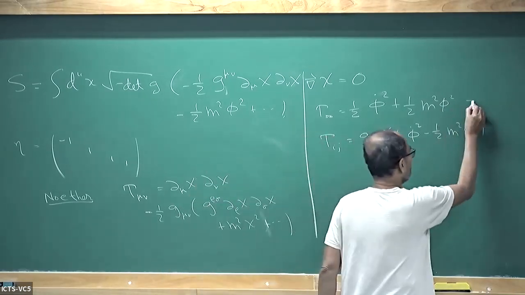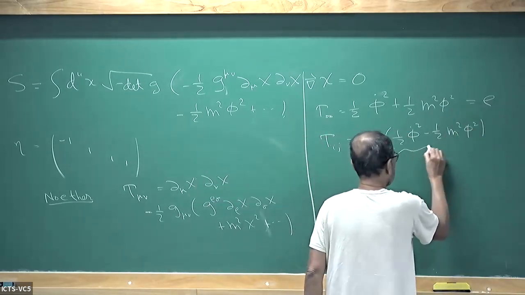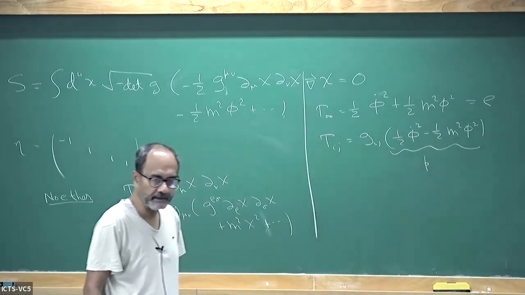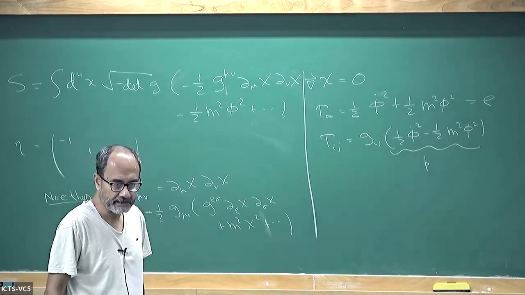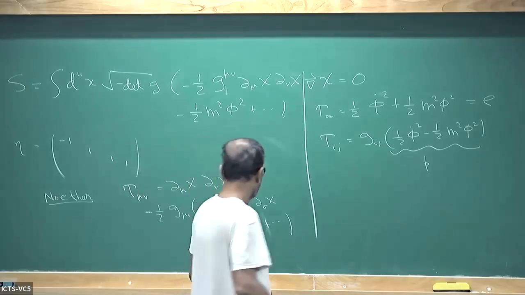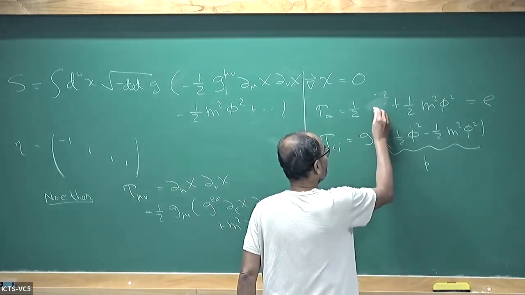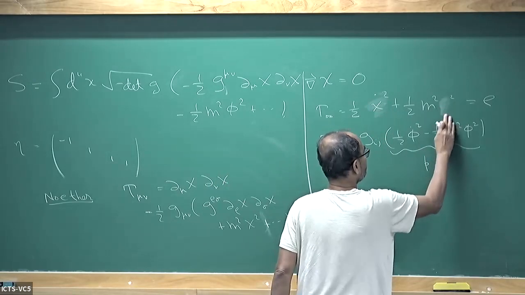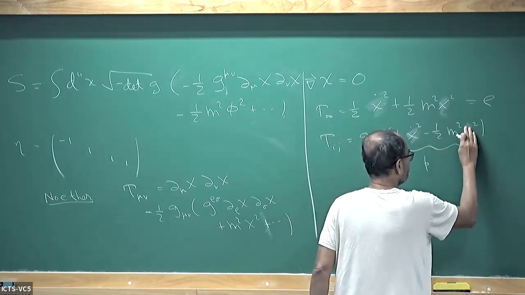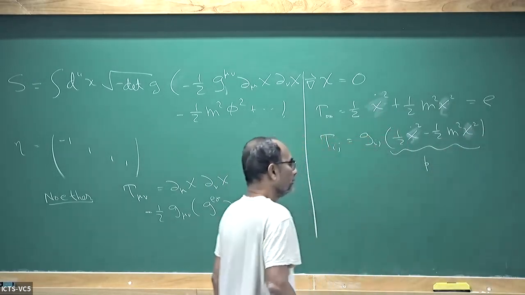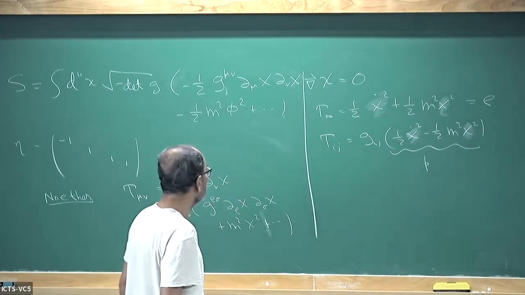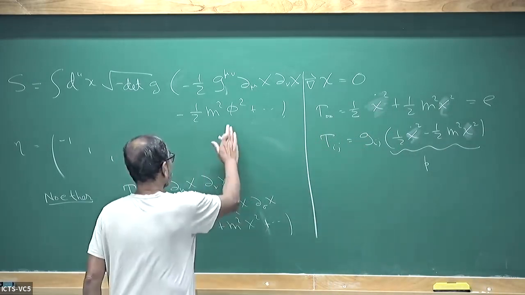This we identify as rho, and this quantity we identify as P. So this is what we used last time. Sorry, all of them are chi.